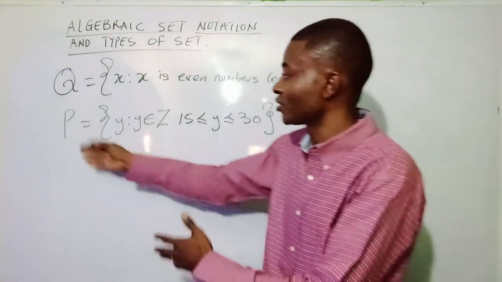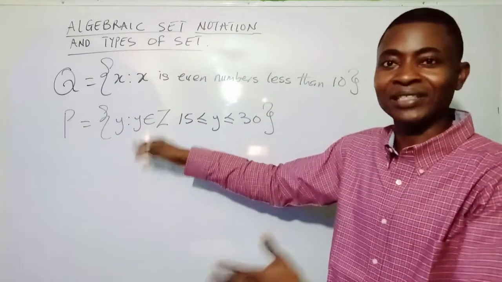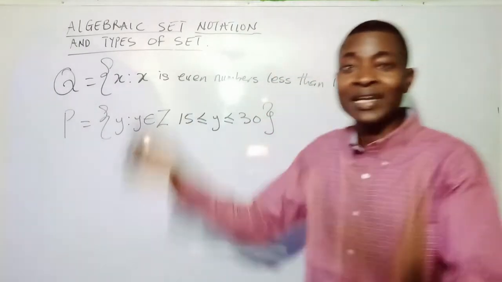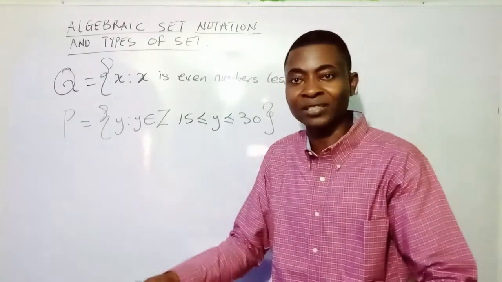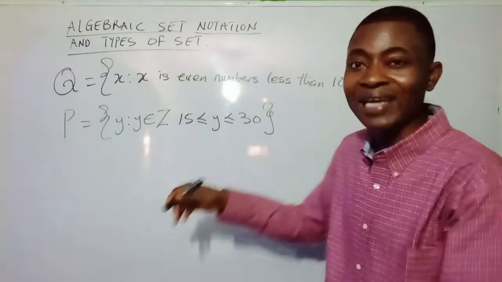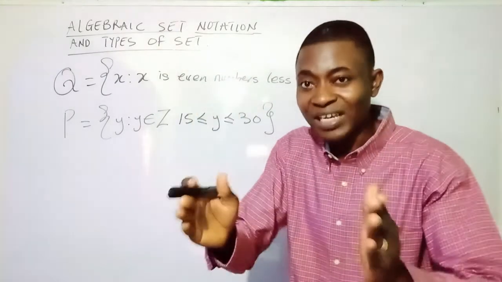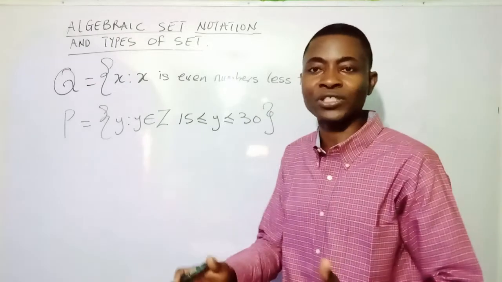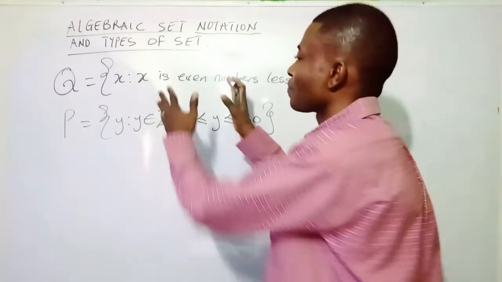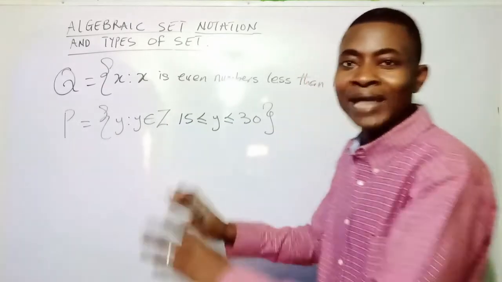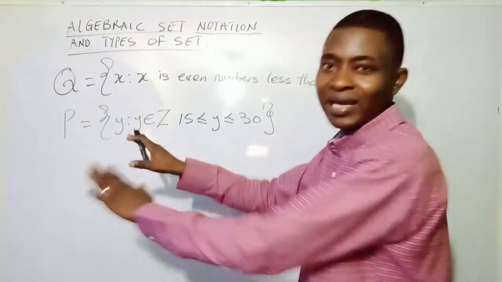And then in this case, P is a set of y, such that y is an element of the set of integers, such that the values of y lie between 15 inclusive and 30 inclusive. So your ability to interpret this very well will help you to write out the required elements in this set.